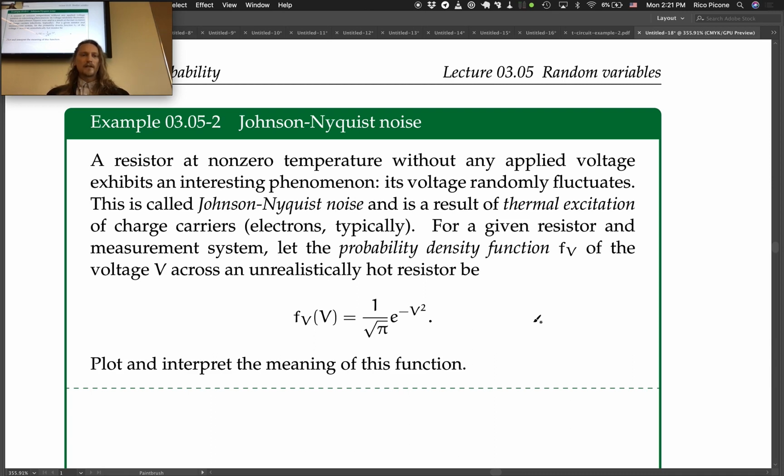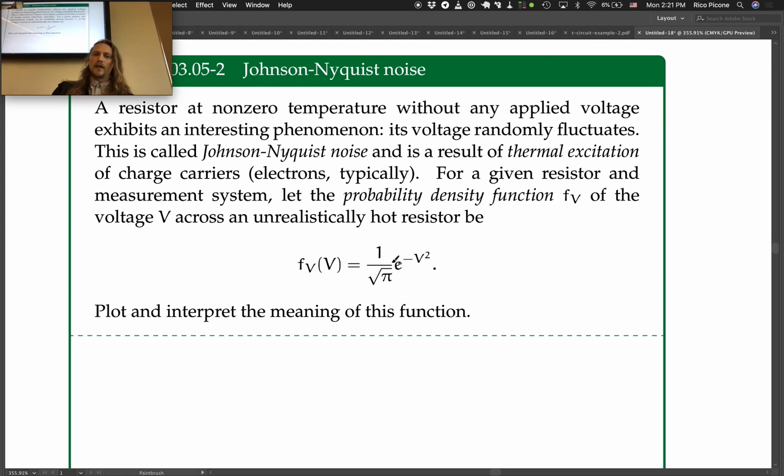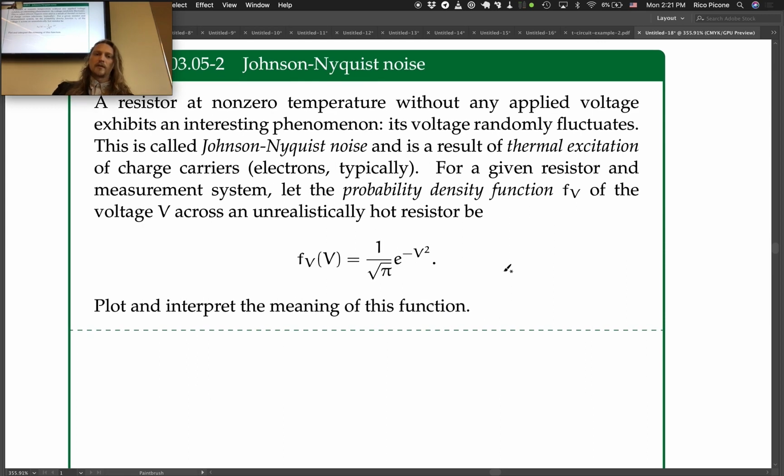For a given resistor and measurement system, let the probability density function, f sub V, of the voltage V across an unrealistically hot resistor be f of V equals this exponential function. Plot and interpret the meaning of this function.